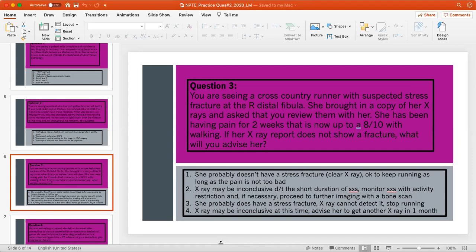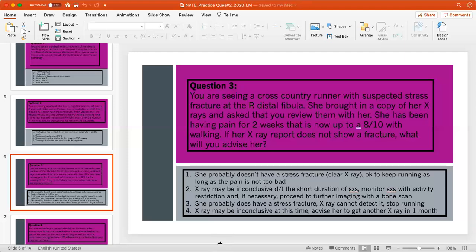And it hasn't been that long, but with the pain level she's at, she shouldn't be running on it. So activity restriction makes sense at this point. And then maybe get a further x-ray later, to give it some time.